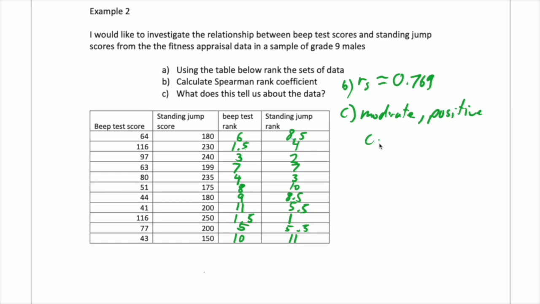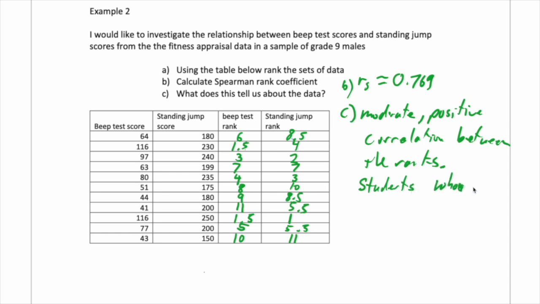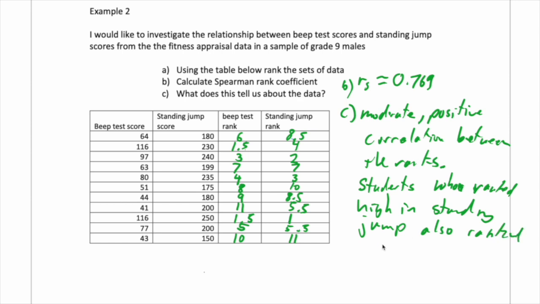It's a positive correlation between the ranks. In context, we're talking about beep score and standing jump score, so this means students who ranked high in standing jump also ranked high in beep test.